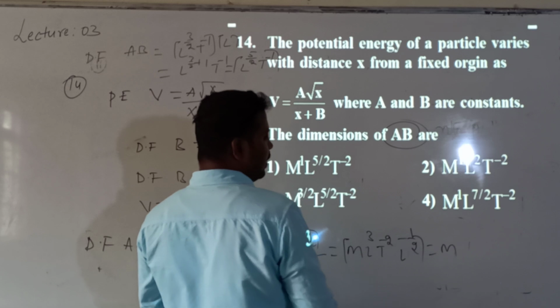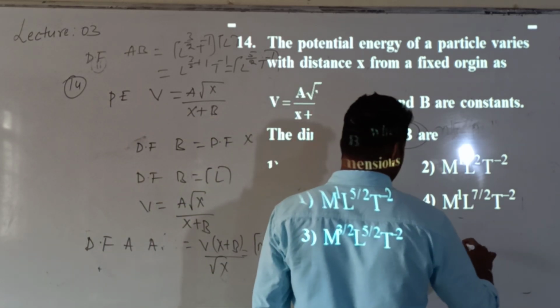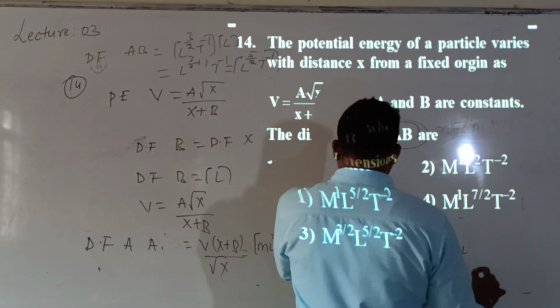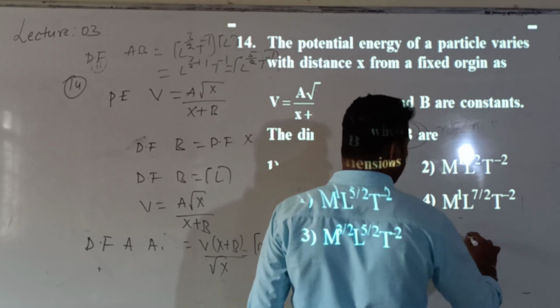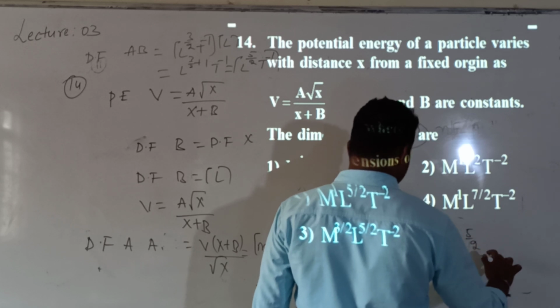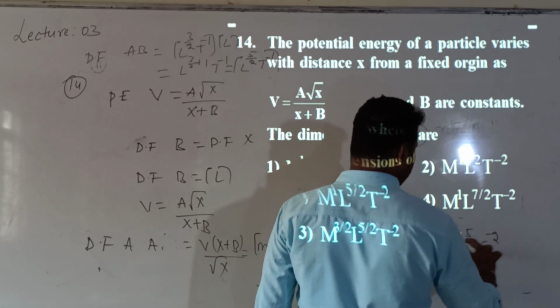So I will get L power 5 by 2 into T power minus 2.